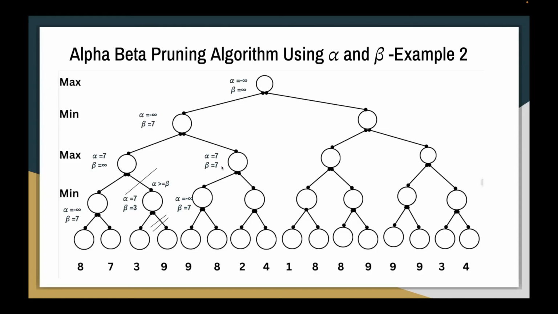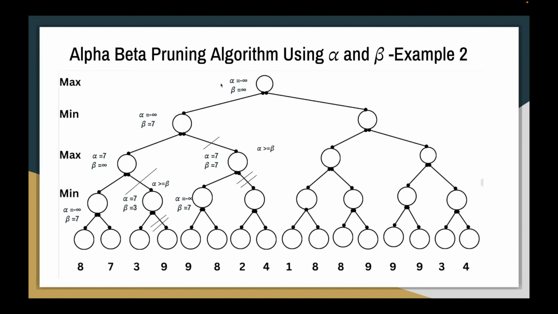Now again the pruning condition occurs. Alpha is greater than or equal to beta. So it will not evaluate the next subtree. It will go back with alpha equal to minus infinity and beta equal to 7.